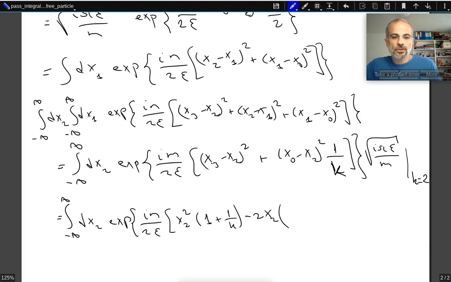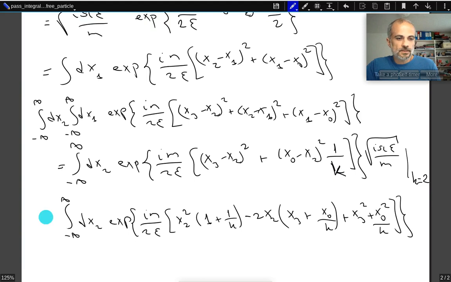Well, there is an x3 from here, and then from here there is an x0 over k. And then plus there is the x3 squared here and x0 squared over k from this term. And all of this is multiplied by square root of i pi epsilon over m.